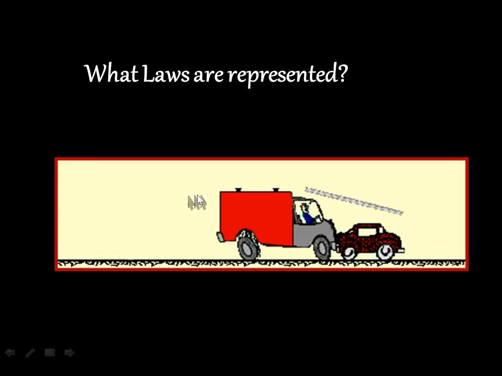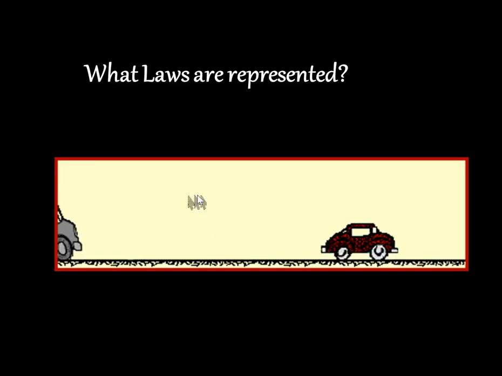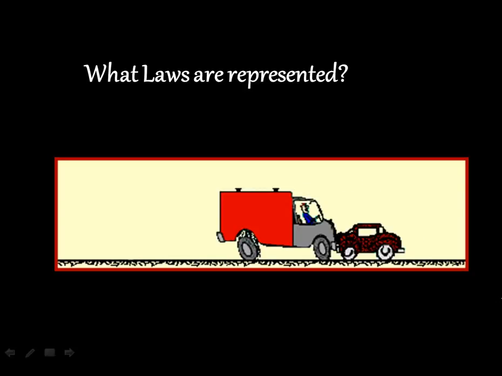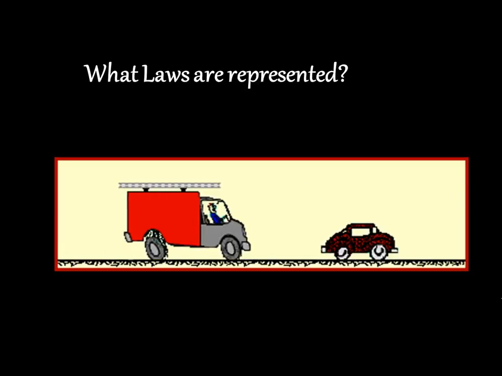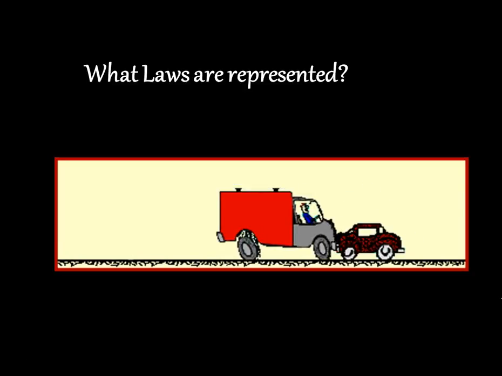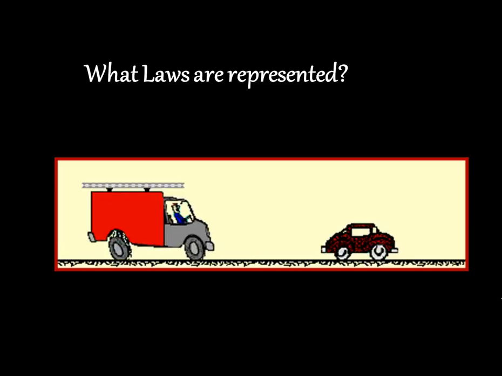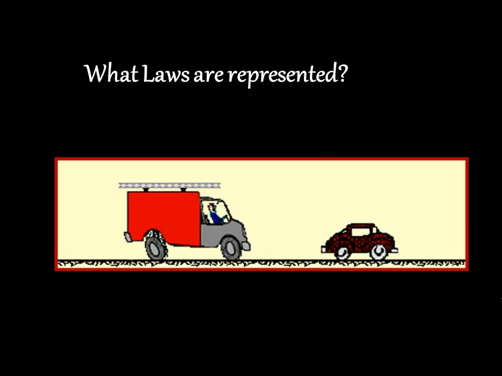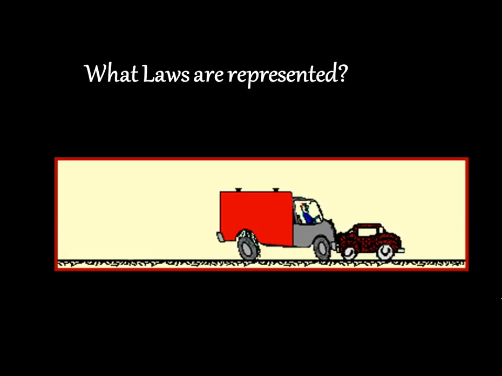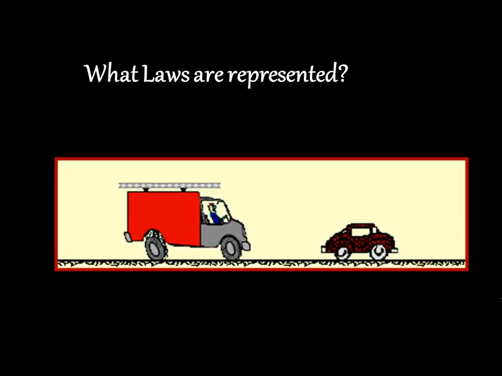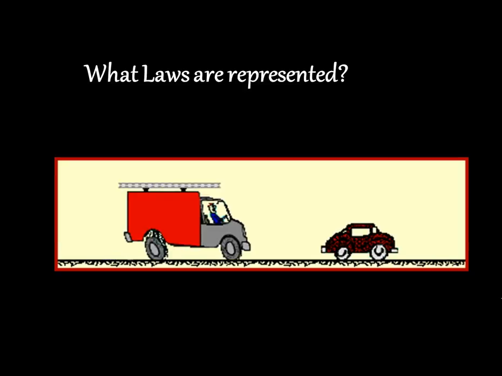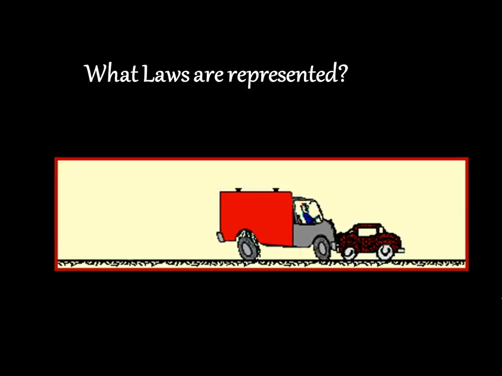What laws are represented here? You probably see the conservation of momentum. Originally the car is stopped, but the truck is transferring momentum to it and it starts moving. You probably see Newton's first law.